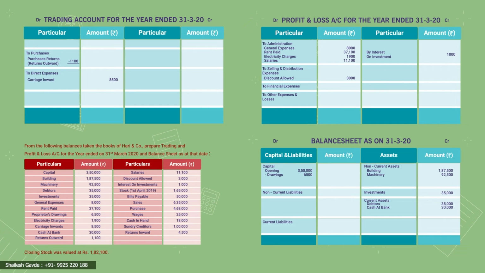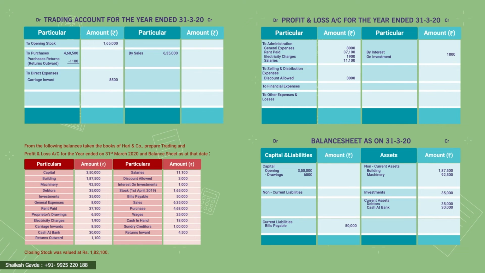Stock on 1st April 19, it's an opening stock, so it goes to trading account, debit side, to opening stock 1,65,000. Bills payable, it's a current liability, balance sheet liability side 50,000. Sales, trading credit 6,35,000 inner column. Purchases, trading account debit side 4,68,500.